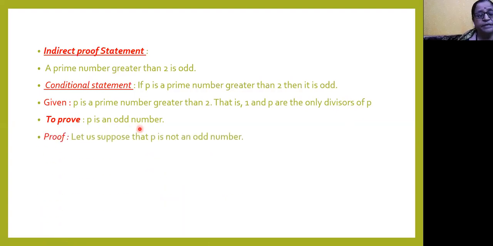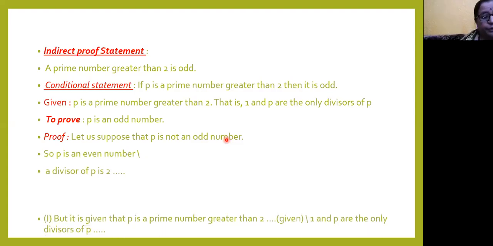Proof: let us suppose that p is not an odd number. Then p is an even number and a divisor of p is 2.